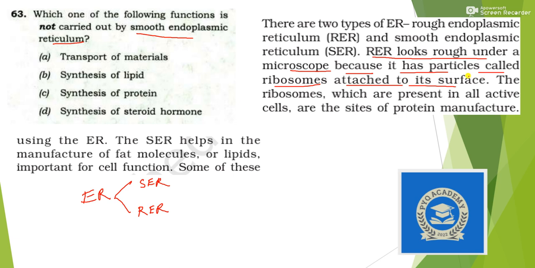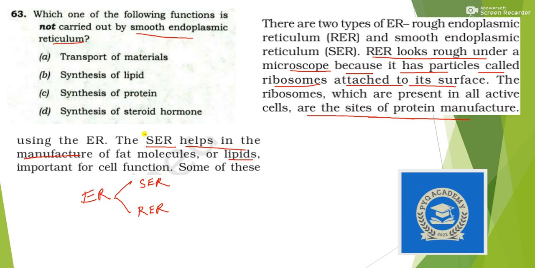Ribosomes are the sites of protein manufacture. Let's come to our options. And in SER, smooth endoplasmic reticulum, it helps in the manufacture of fat molecules, also known as lipids.